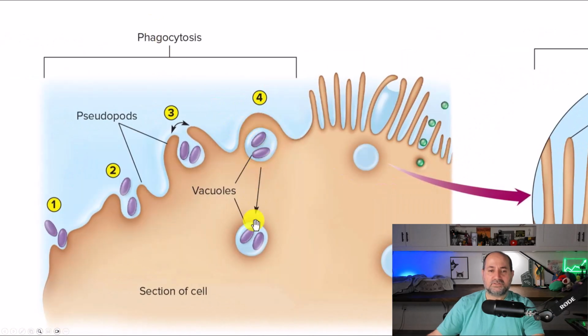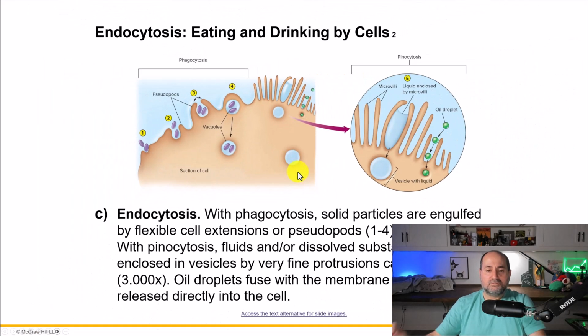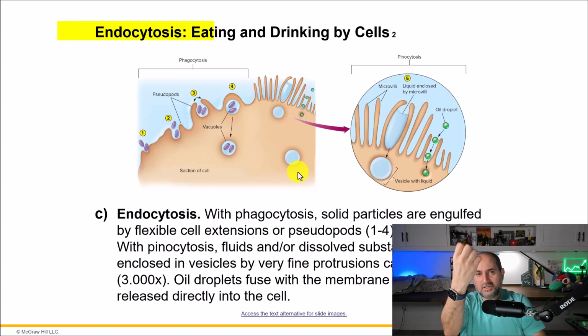Phagocytosis is bringing in solids. That's why it's called eating, right? But both require energy, and both are examples of endocytosis, because endocytosis means bulk import into the cell, right? So both phagocytosis and pinocytosis are examples of endocytosis and both examples of active transport.